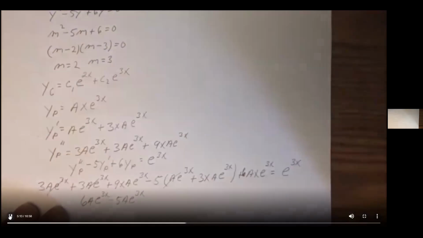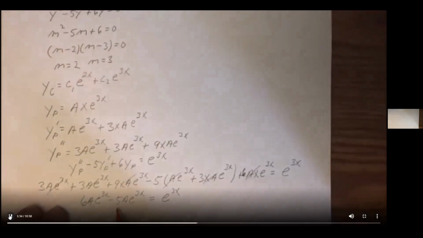Oh, and this is times 6. That was the problem. So they cancel out, right? I've got the 9x a e to the 3x, this is 15, and here I've got a plus 6a. So these cancel out, and I'm left with a.